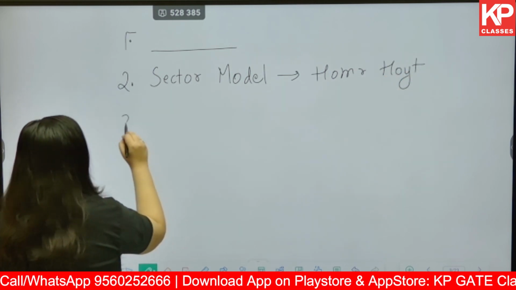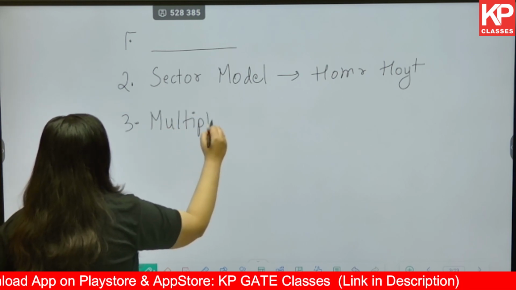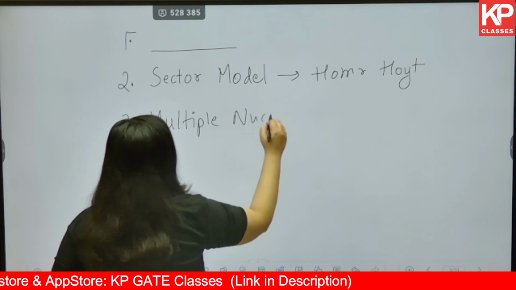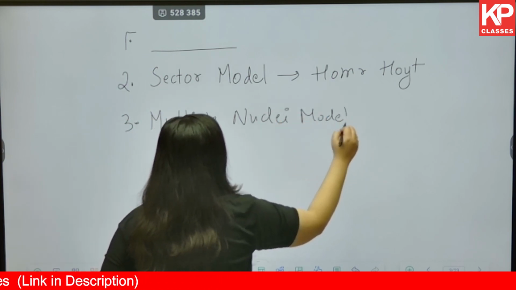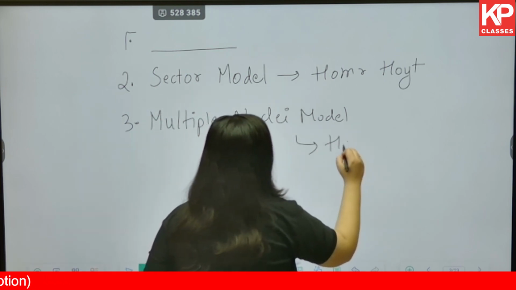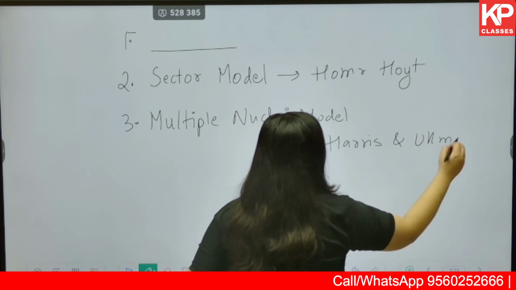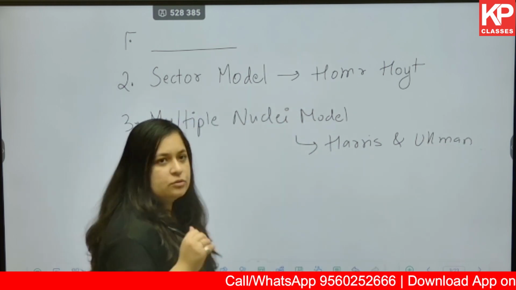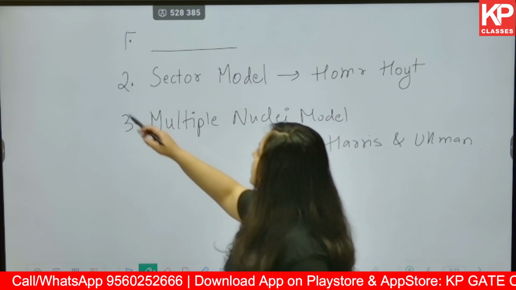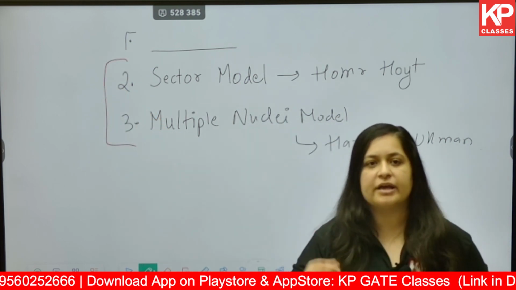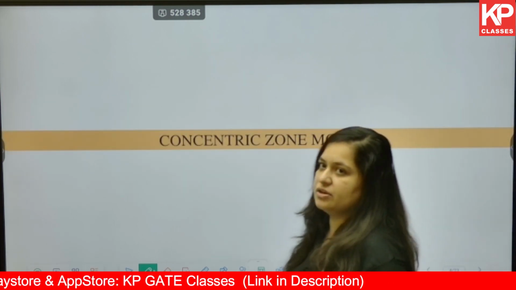And the third one is the multiple nuclei model, given by Harris and Ullman. Now, if you want to understand these two theories also in detail, do check our videos in which we briefly talk about these theories.